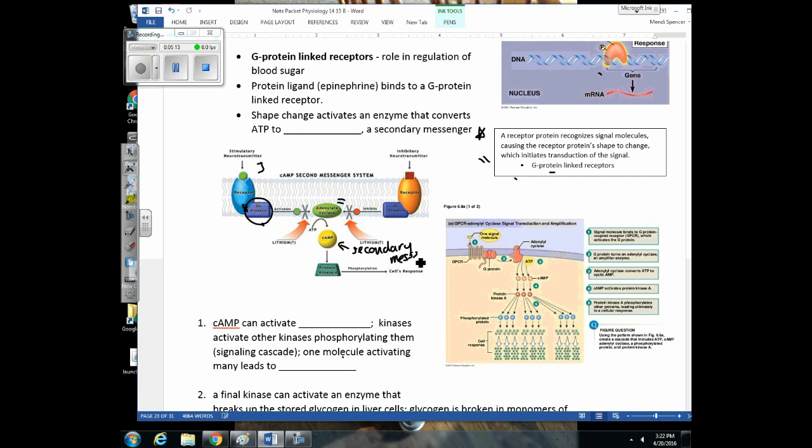And I would know a secondary messenger. We talked about cyclic AMP. And cyclic AMP is basically an ATP molecule that has had 2 phosphates removed. So it's called cyclic AMP for monophosphate, mono meaning 1. And the secondary messenger is going to activate other molecules that will activate other molecules, and eventually we get a response in that cell.